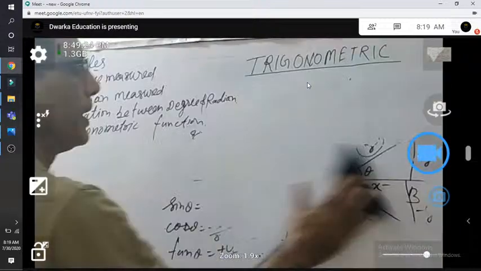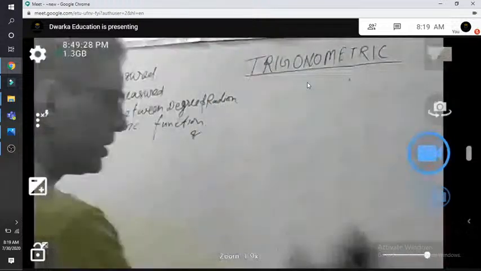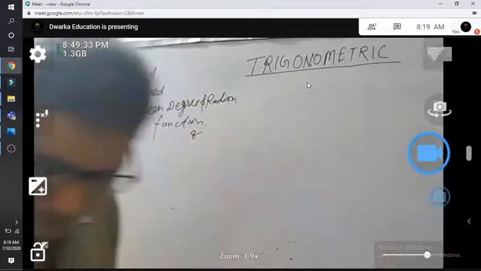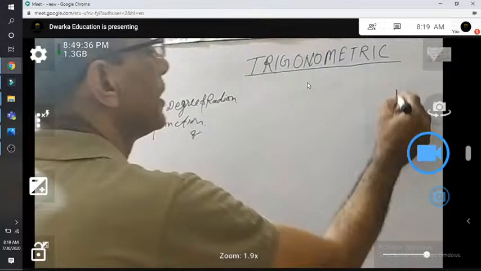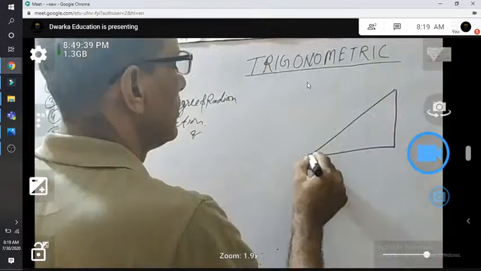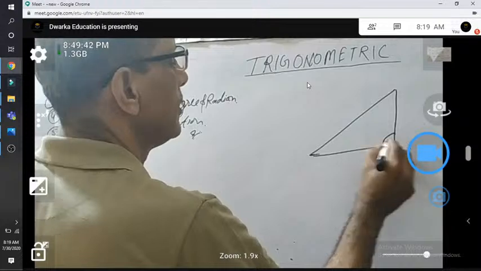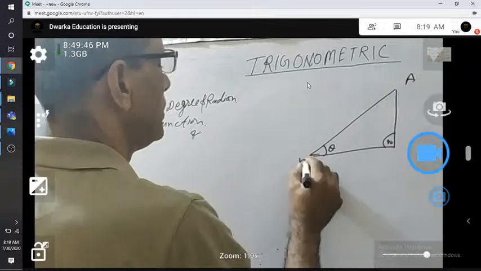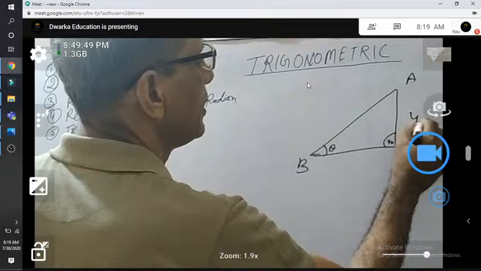Next, now we come to the next chapter, the use of trigonometrical formulas. Now take a right angle triangle. This is 90 degrees. This is theta. A, B, C. This is y. This is x. This is equal to r.